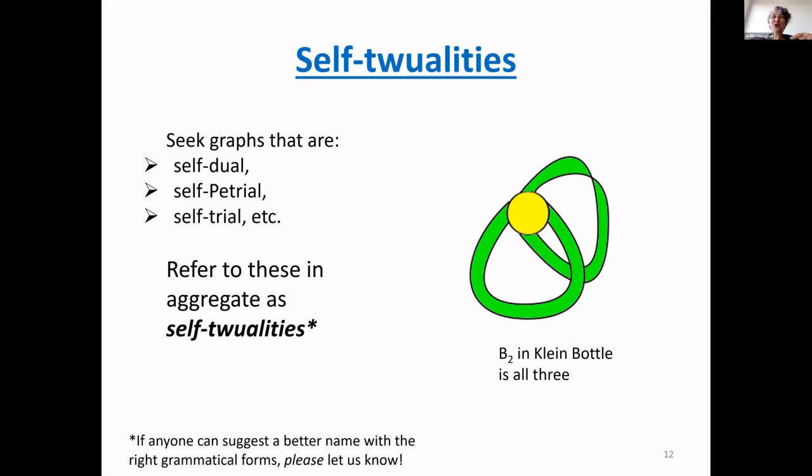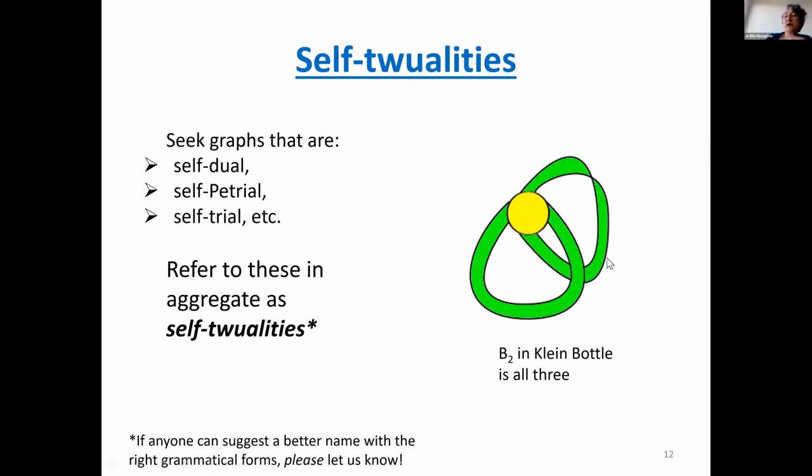So they're twisted duals, they're trials, they're duals. They call those operations just twuality, okay? And in general, you're seeking graphs that are self-dual, self-petrial, self-twual. See, I can't even get the words out. Self-trial.